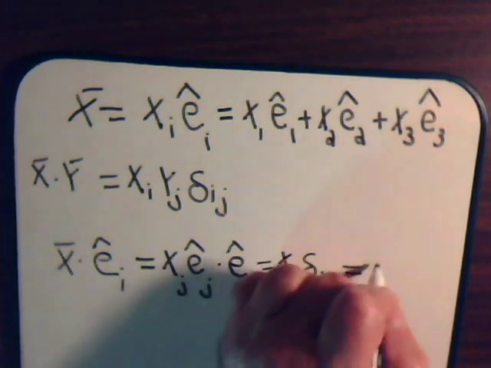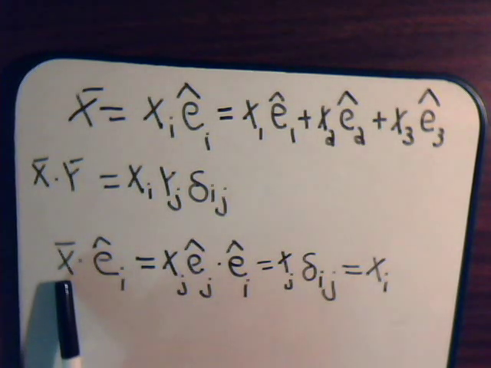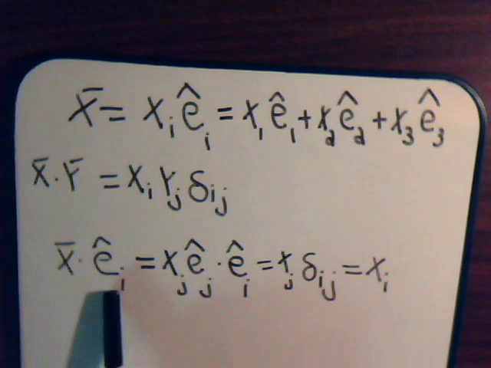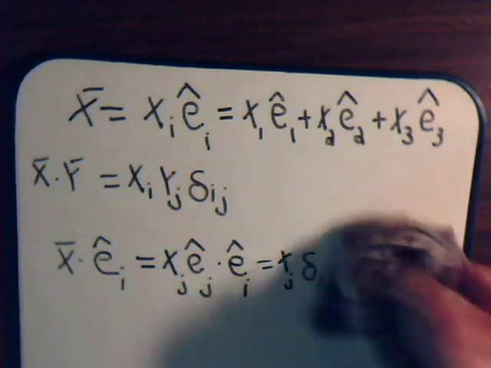So this equals xi. So we've just shown here then that taking the dot product of x with a particular unit vector indeed gives us the component of vector x along that particular unit vector, but we did it now using the Kronecker delta approach. And let's just examine some more basic properties of the Kronecker delta symbol with a few simple examples.